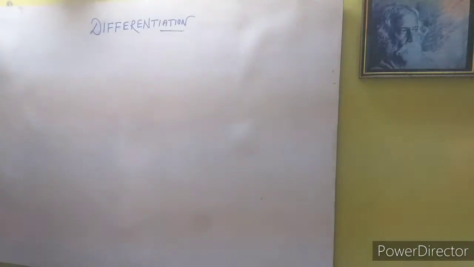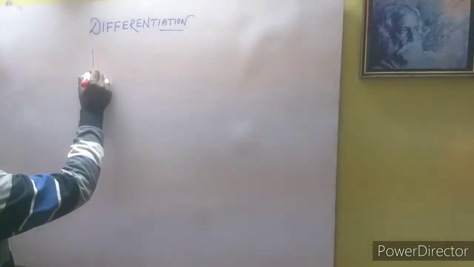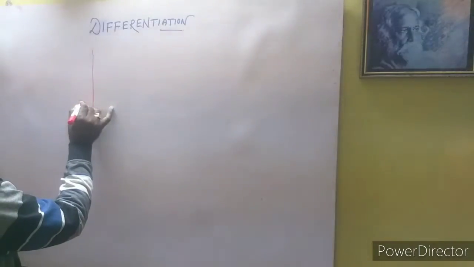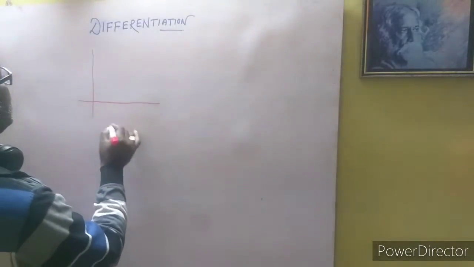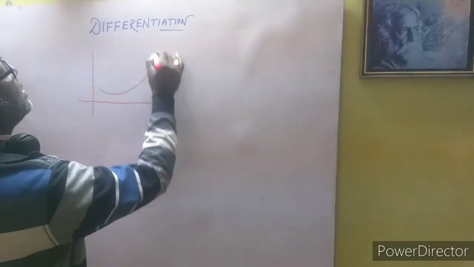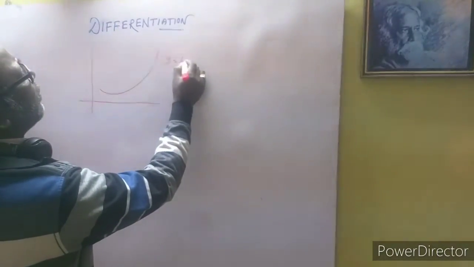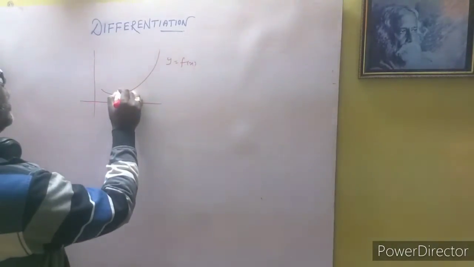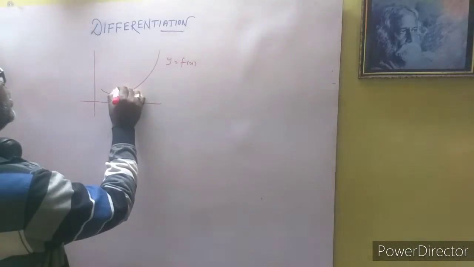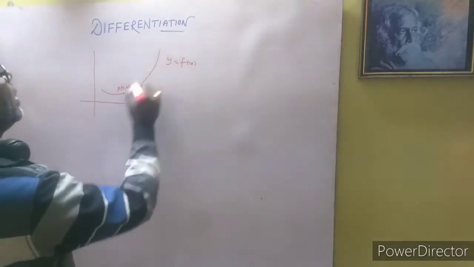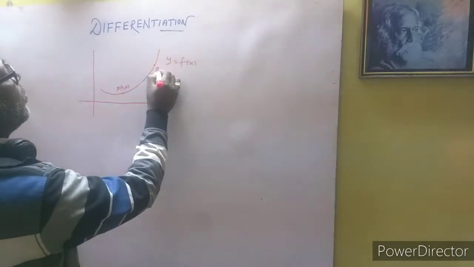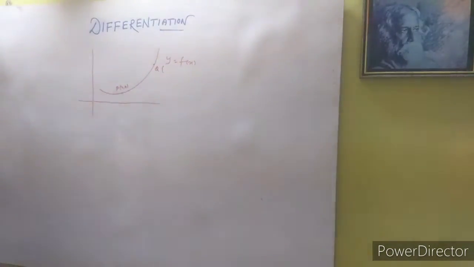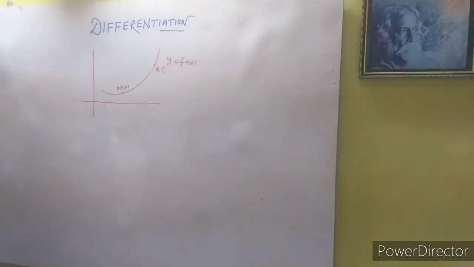In graphical representation, see what the meaning of the derivative is. This is the y-axis and this is the x-axis, and this is the curve, that is y equal to f of x. At that instant the coordinate of the point P is x comma y, and there is a Q. This looks like a big movement, but it is a small movement.